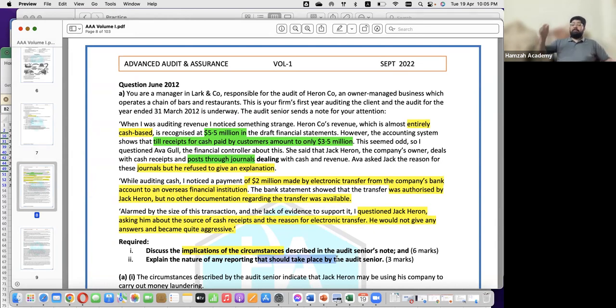Then, on the basis of that report, the MLRO should decide whether to report to authorities or not, regarding this suspicion of money laundering. It is done. I hope the point is quite clear to everyone. How to draft answer, this question is done.